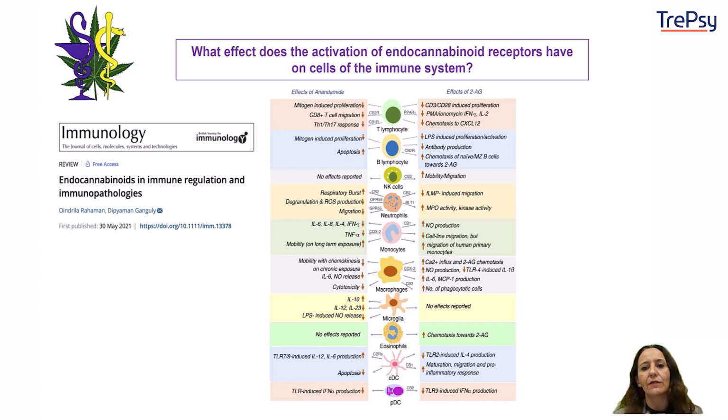And in all the cells represented here, the main effects are directed to blocking of the immune response. And this is very, very important for the regulation of these cells, as you can see.